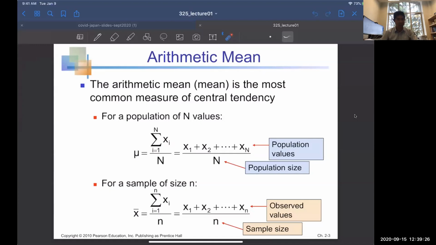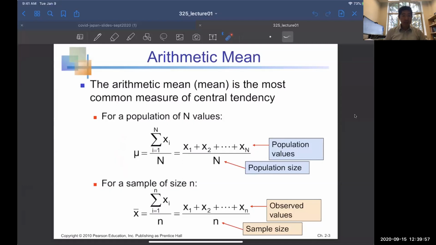If you're interested in household income, different households get different annual incomes, but in the census data set you have all the values. You take the average across all Canadian households to compute the average household income. That is an example of the population arithmetic mean.